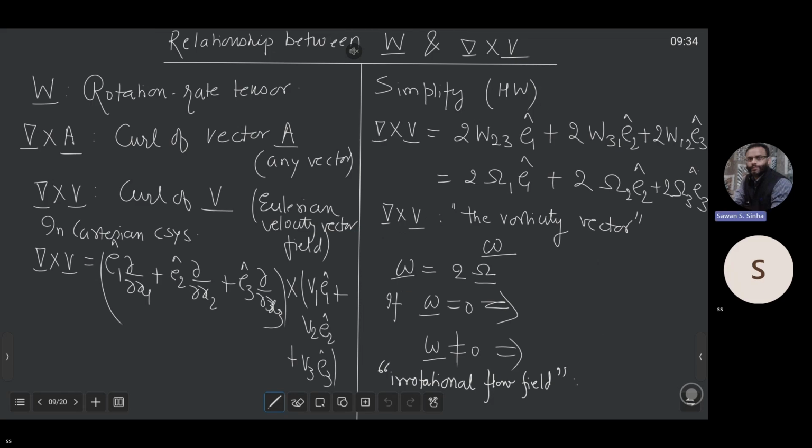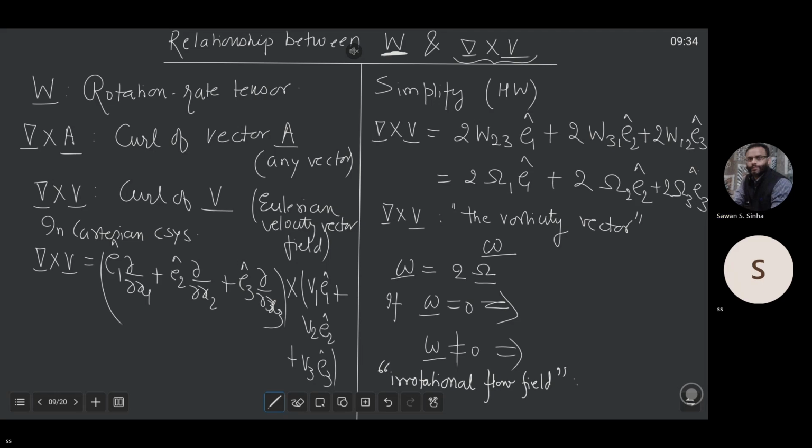At this point, I think it is relevant also to highlight a relationship between the components of this rotation rate tensor and a quantity, which is this. What is this quantity? This is called curl of vector A. I think this is the first time I am saying this in my class. You might have learned curl in some other course, or did I say? PY course, fine.